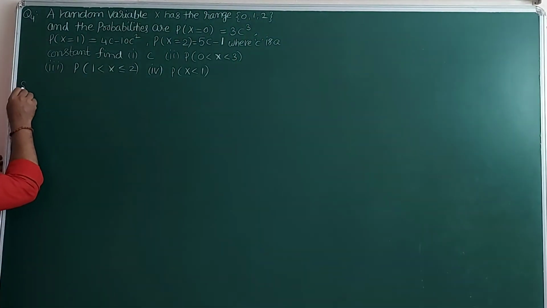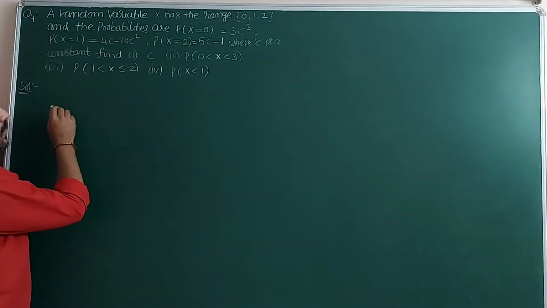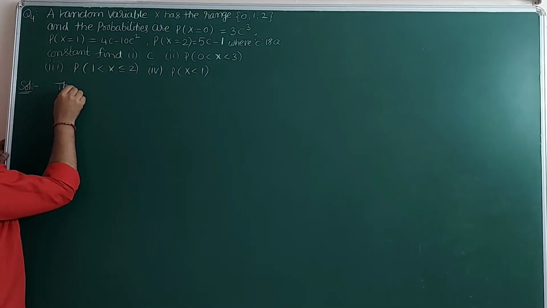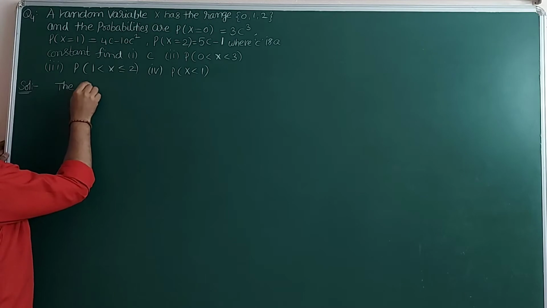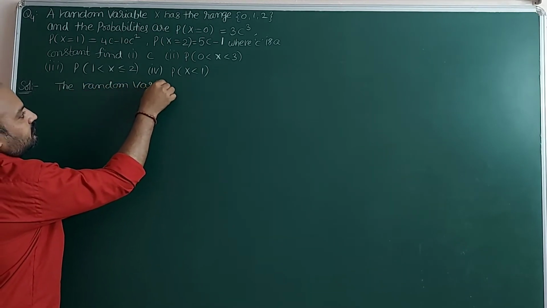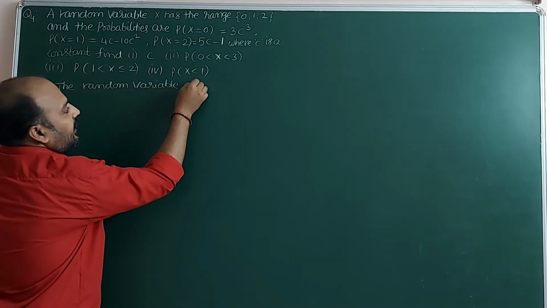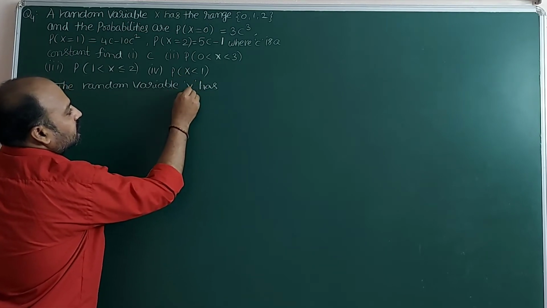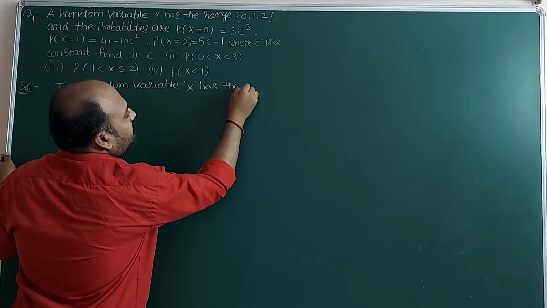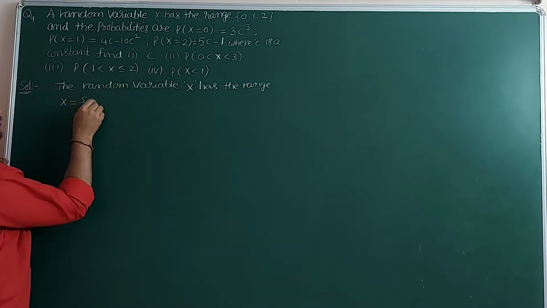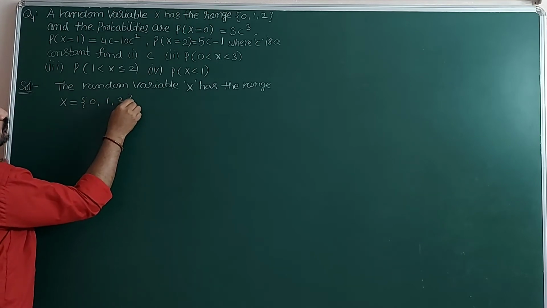So first, the random variable x has the range capital X is equal to 0, 1, 2.